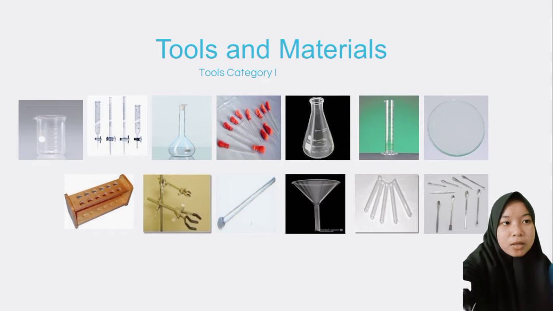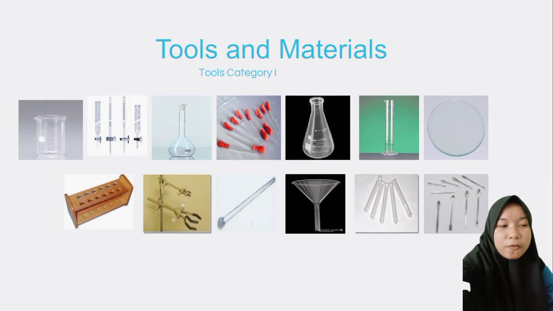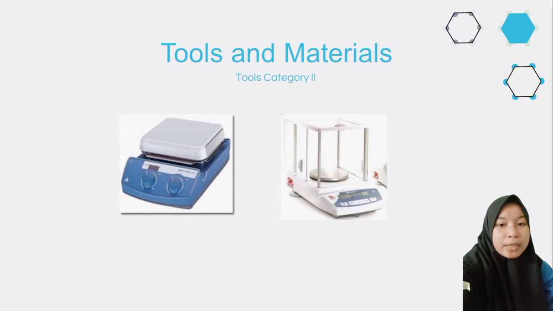The method, tools and materials. Tools category 1: beaker glass, test tube rack, stative, funnel, pipette, drop pipette, watch glass, glass stirrer. Tools category 2: hot plate and analytical balance.